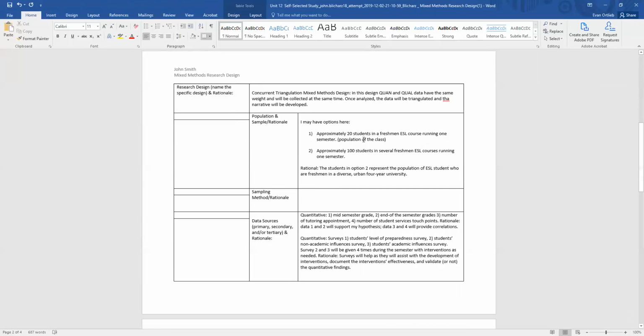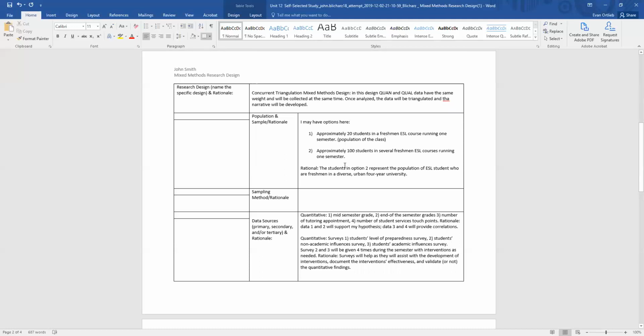His population and sample: here it talks about 20 students in a freshman ESL class over the course of one semester, and the population being the class. So my question there would be, if 20 students are the sample, what is the number of the larger population of the class?